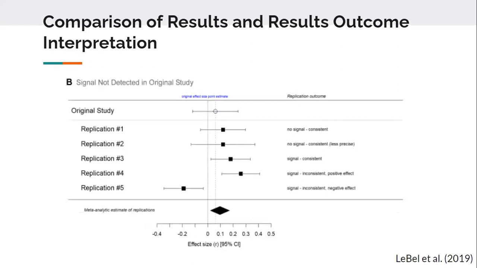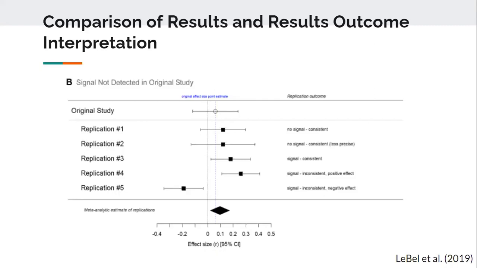And this second part, criterion B, is applicable if the original CIs include 0, meaning there's no signal in the original study. So, number 5. Low signal consistent means that the replication failed to detect the difference, and the CIs include the original.